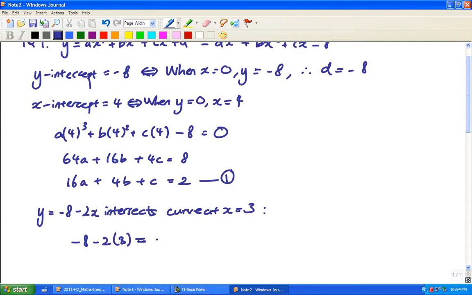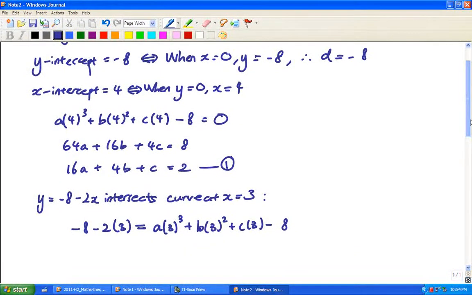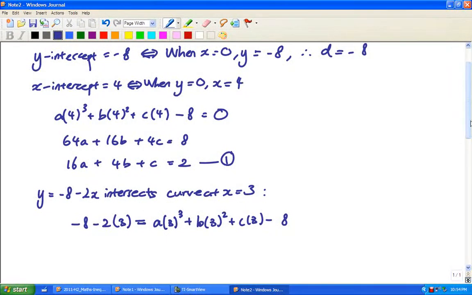So I can rewrite this equation as a times 3 cubed plus b times 3 squared plus c times 3 minus 8. This should simplify my equation to 27a plus 9b plus 3c equals -6. And I can divide both sides of the equation by 3 to form my second equation.